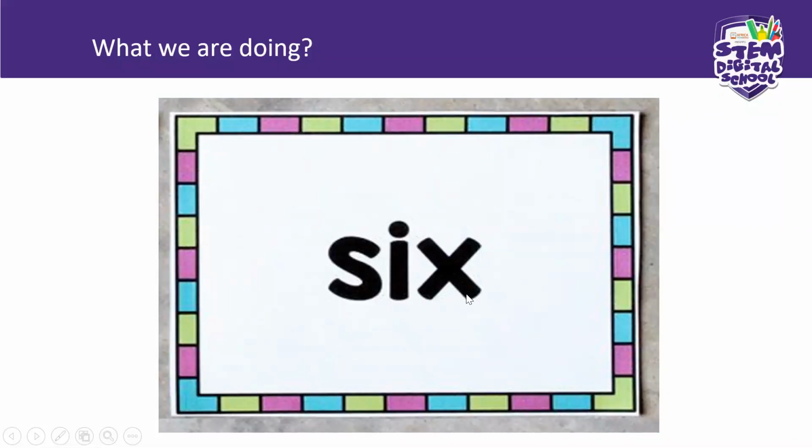You have to say it out loud so that, obviously, I cannot hear you if I'm not unmuting you, but mommy and daddy can hear you. Let's read. 6. Yes, good job. This is how you spell the number 6. Good job, you guys.